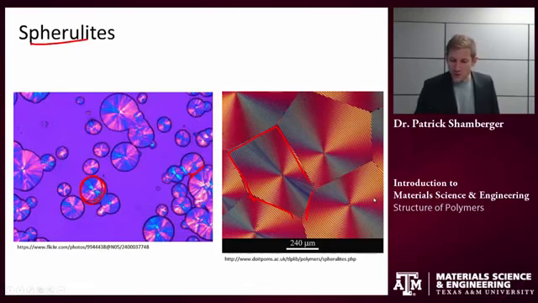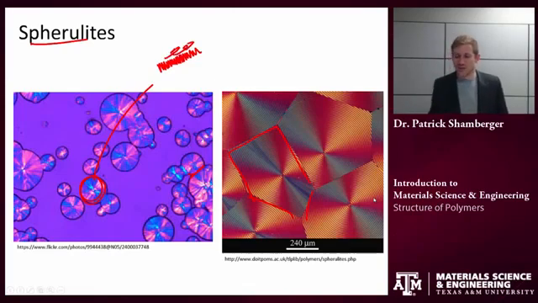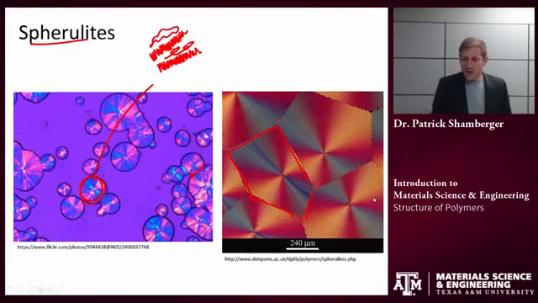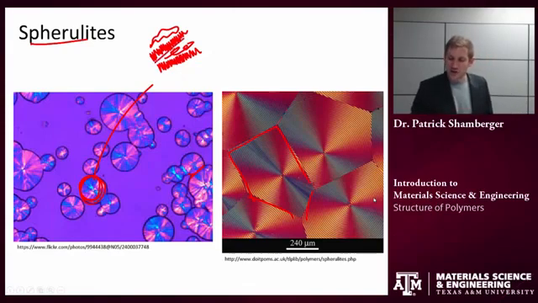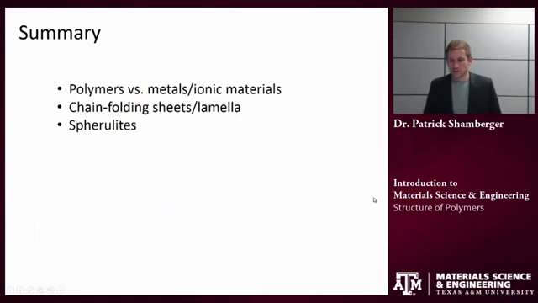But if I zoom in and look at one of those spheres, I find out that it's composed of lamella, so crystalline chain-folded sheets, and regions of amorphous material in between. And then maybe I would have another lamella and some more amorphous polymers. So this spherulite is not 100% crystalline, even though it looks like one contiguous thing at an optical wavelength. It's actually composed of regions of crystalline material in these lamellas that are separated by amorphous regions. But this is a common microstructure that we see in many semi-crystalline polymers.